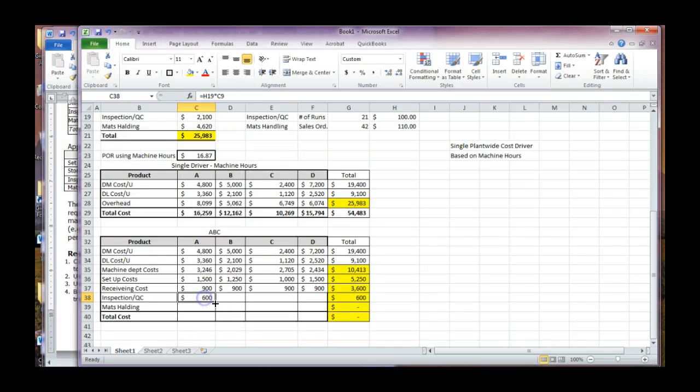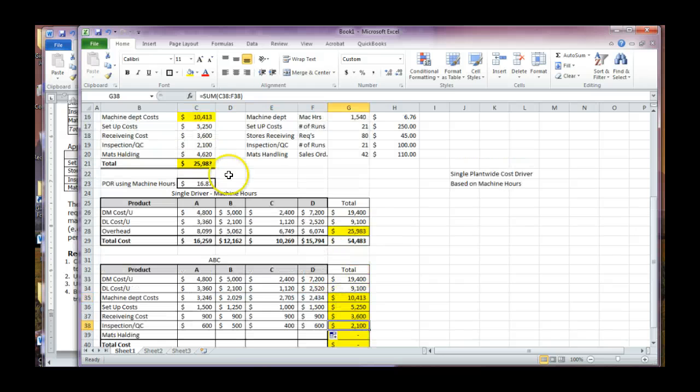Now these are smaller numbers. Something went wrong. Oh, I forgot to lock my cell. I noticed though that something was wrong immediately when that didn't fill out. 2,100. I allocated 2,100, 2,100. I'm good.